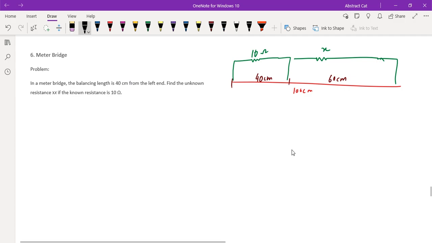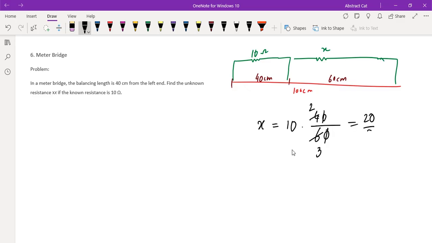Now to solve this, the unknown X is equal to, you know that formula, the known resistance 10 times 40 centimeter by 100 minus 40, that's 60. The zeros cancel. Cancel 2 times 3, then 2. 20/3.